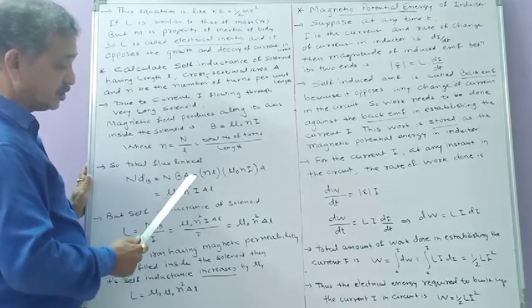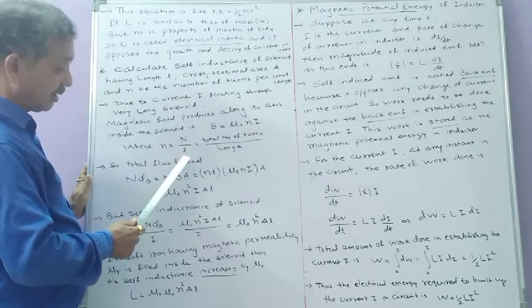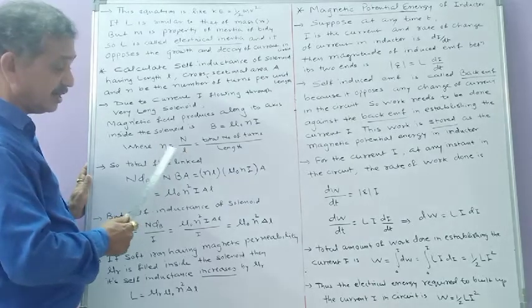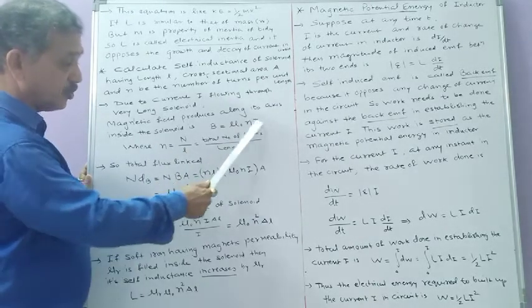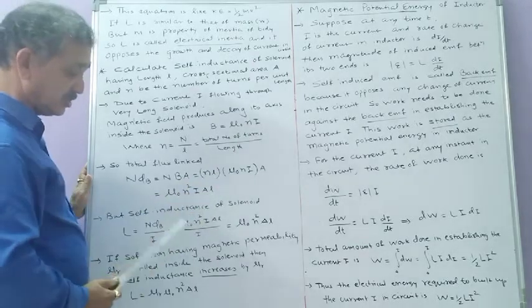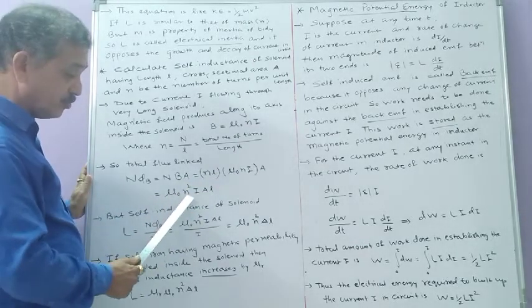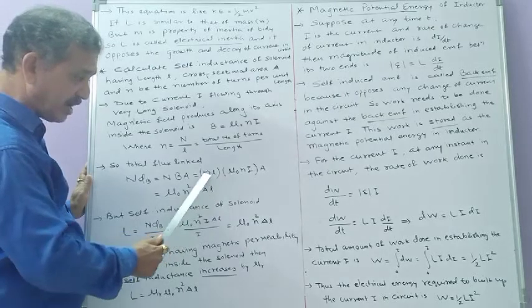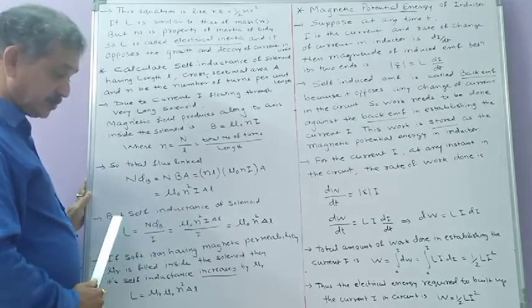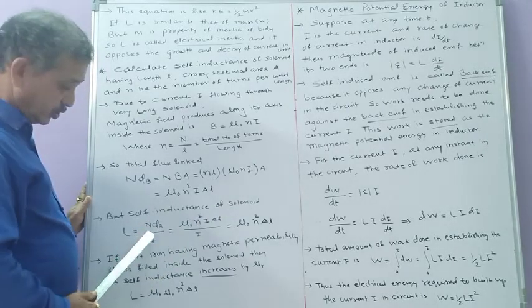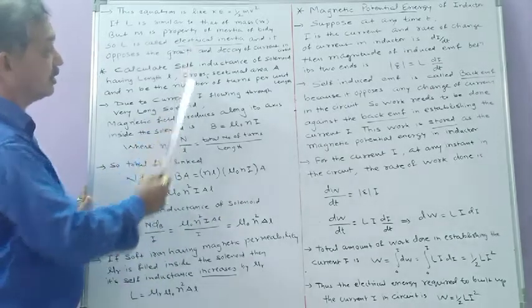And here, according to this equation, what will be capital N? Capital N will be equal to small n into l. And B equal to mu 0 n I as it is, capital A as it is. So N phi B equal to mu 0 n square I A into l. Self-inductance, according to the definition, is total magnetic flux upon electric current.